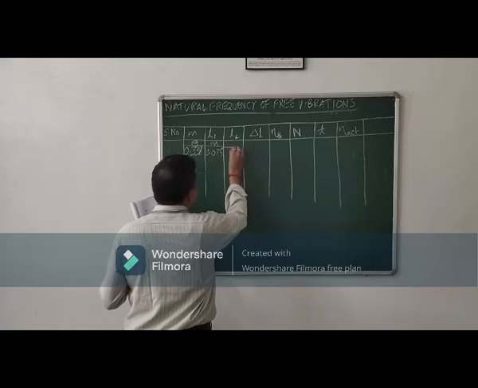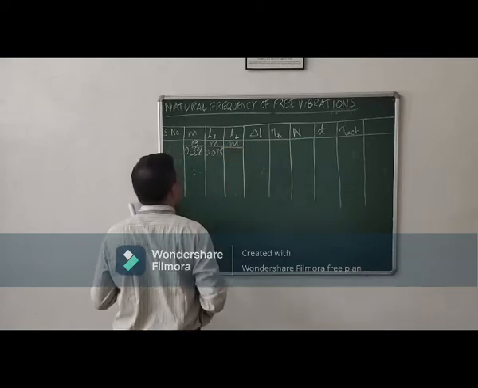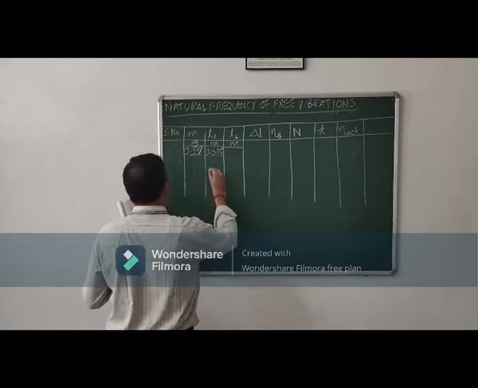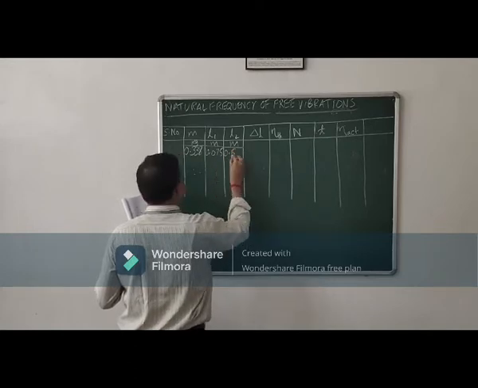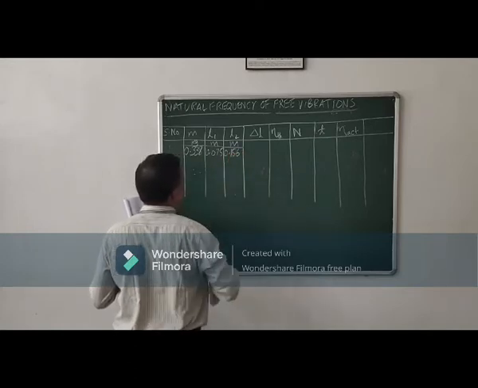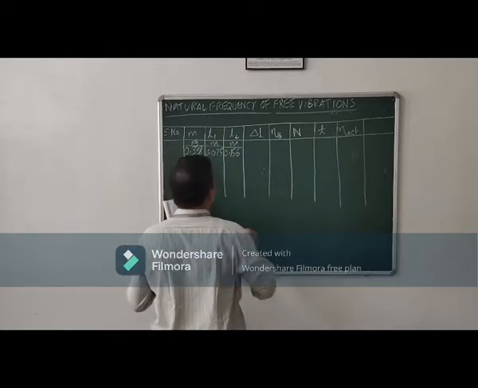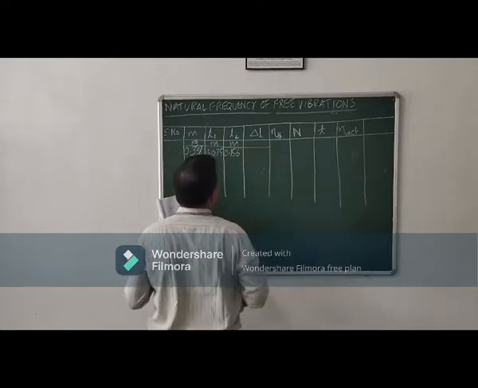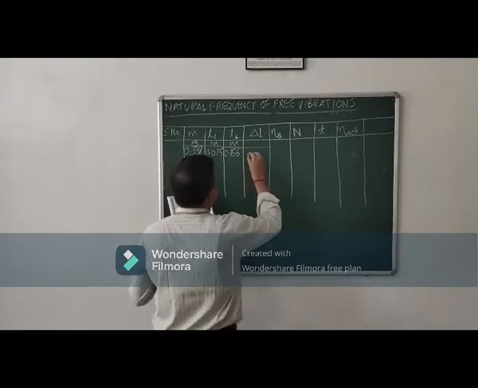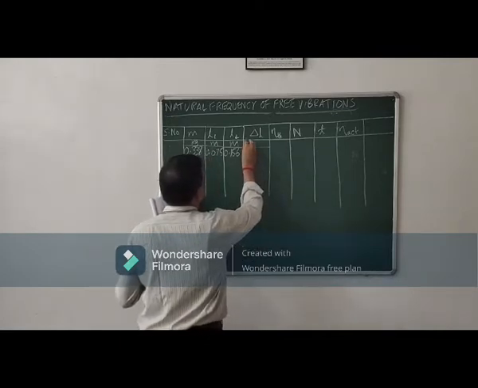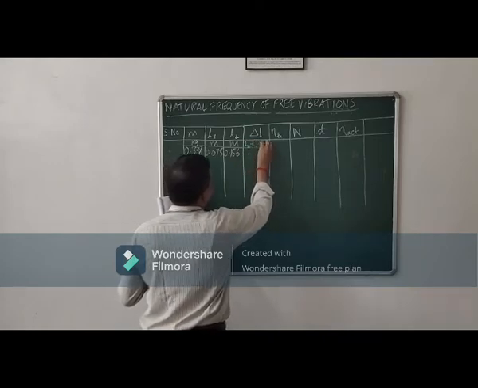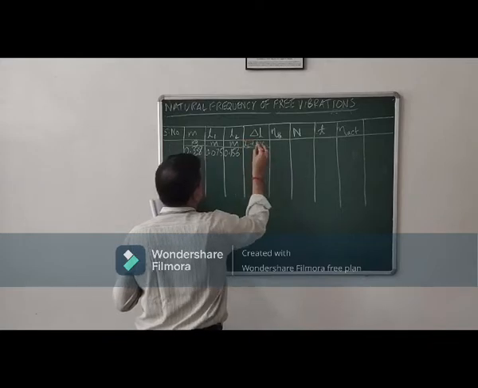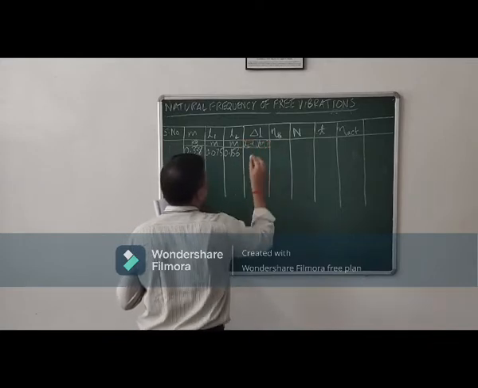And L2 is the stretched length for the first reading. So, the stretched length is 0.156 meters, and coming to delta L, that is the static deflection. You can call this static deflection. So, this is L2 minus L1, and this quantity is in meters.